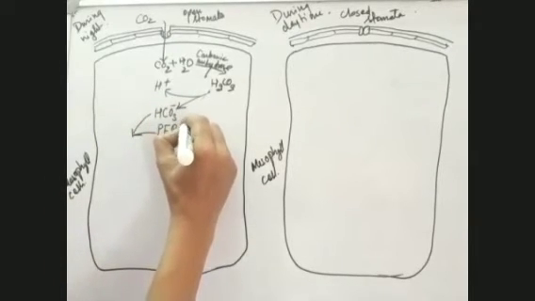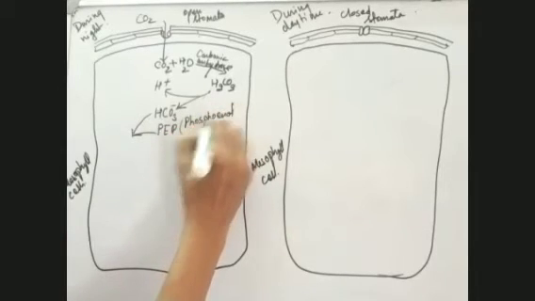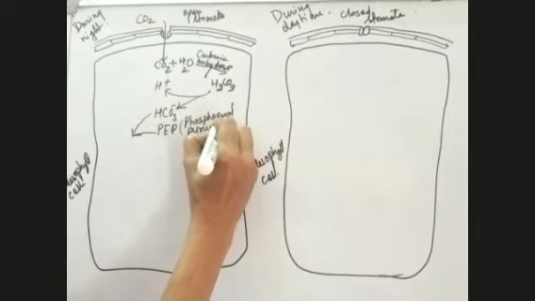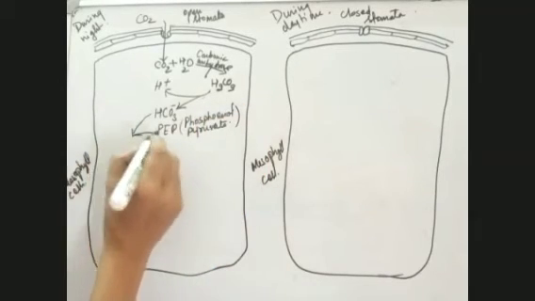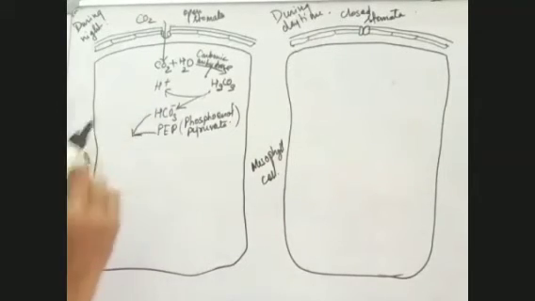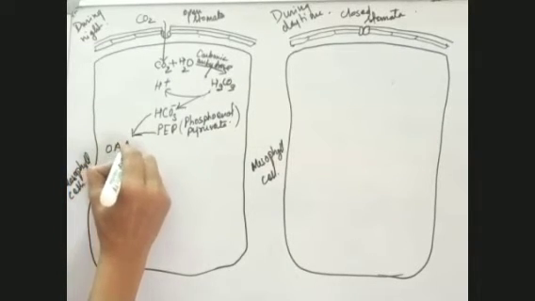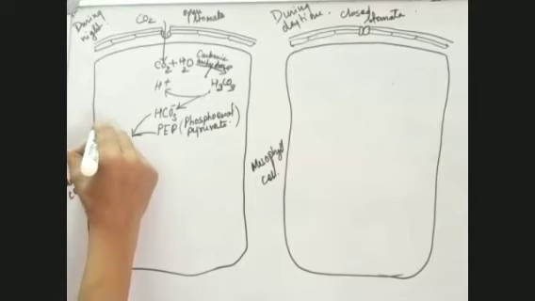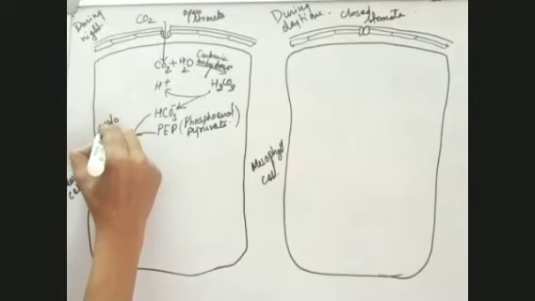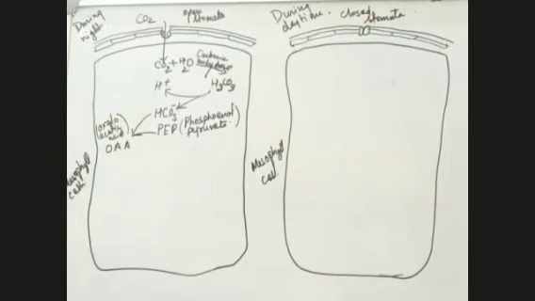So HCO3 is accepted by phosphoenol pyruvate, and along with this it forms OAA. OAA is oxaloacetic acid. Oxaloacetic acid is formed now.